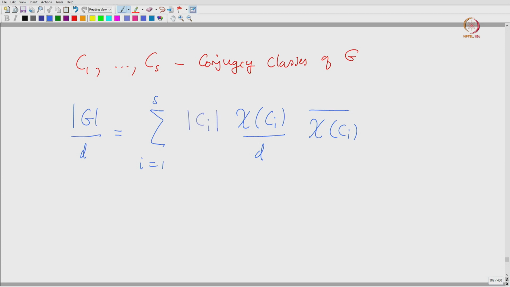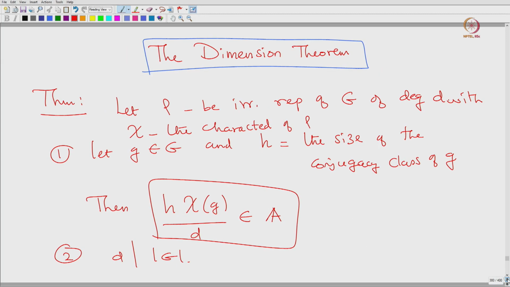Now look at this term. This is the exact term that appears in statement 1. So, this h chi of g divided by d, where h is the size of the conjugacy class that contains g.